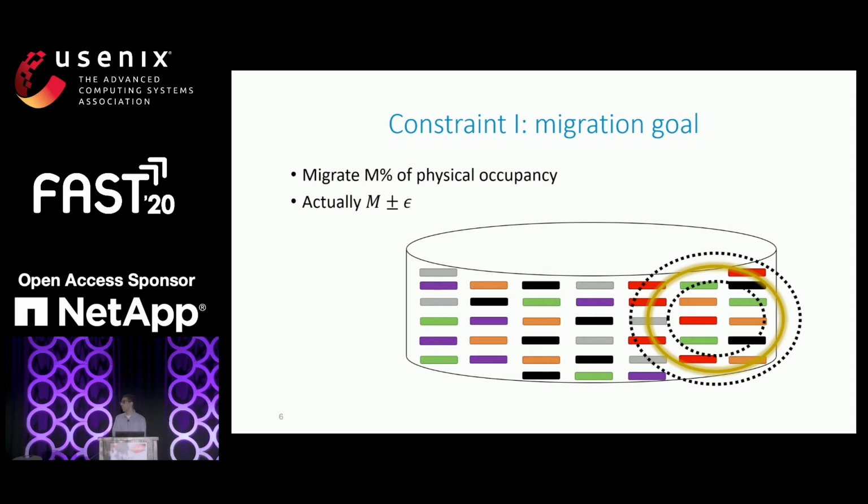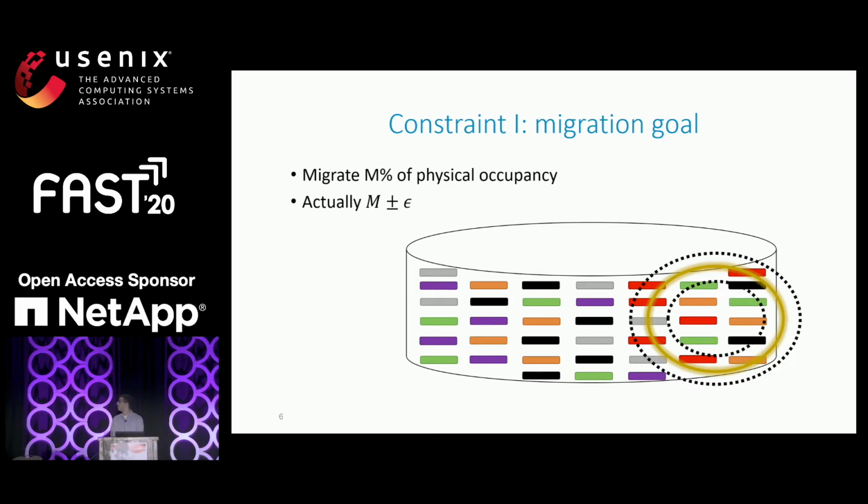Actually, we allow a tolerance of epsilon, so any occupancy between N minus epsilon and N plus epsilon is fine, because we believe that the system administrator does not necessarily care if it migrates, let's say, 30% or 30.5% of the system, or 21.7.